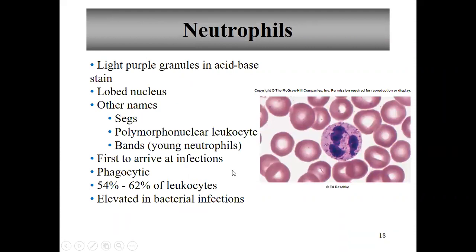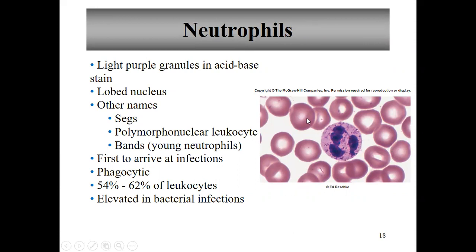These are your light purple cells. So when you look at a blood smear, what you'll notice is a bunch of red blood cells. So most of the slide will be red blood cells in a person who is healthy. But then dispersed throughout, you'll see these larger cells that are more purple.